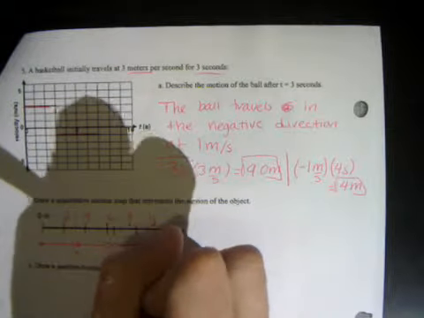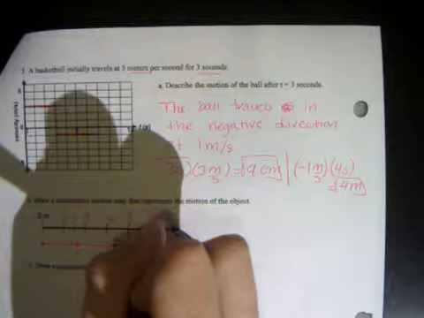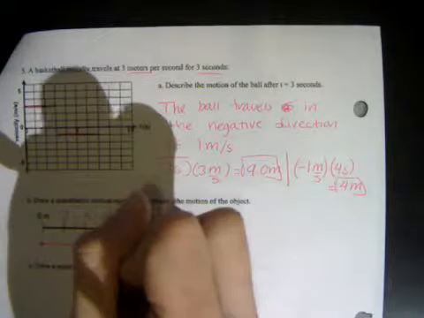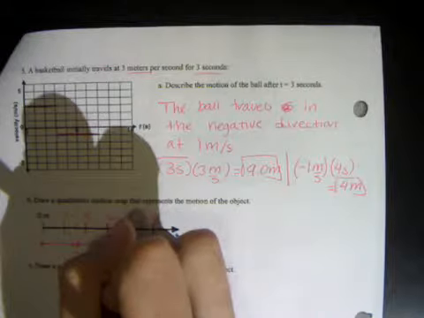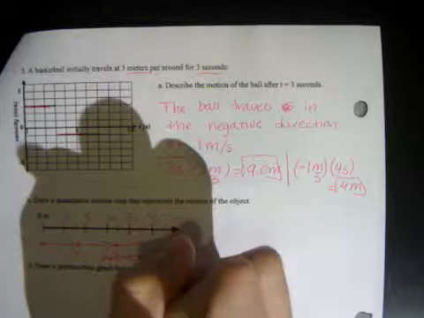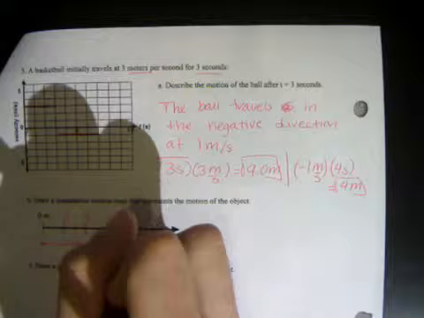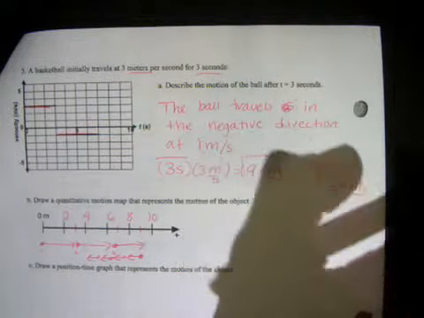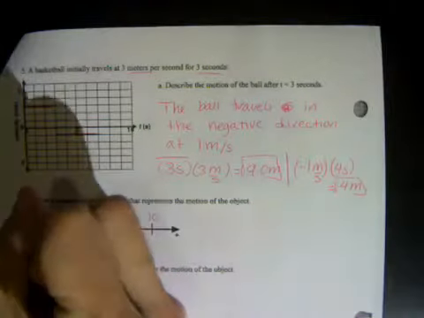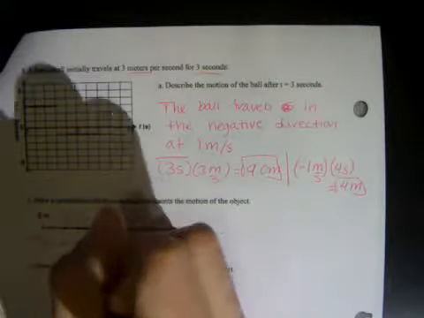So then we'll be at 8, and then we'll be at 7. You have to visualize it, it'll be in the middle here. Then we'll be at 6, and then we will be at 5, and that is where we will end because we only traveled for 4 seconds. So start, end. Okay?